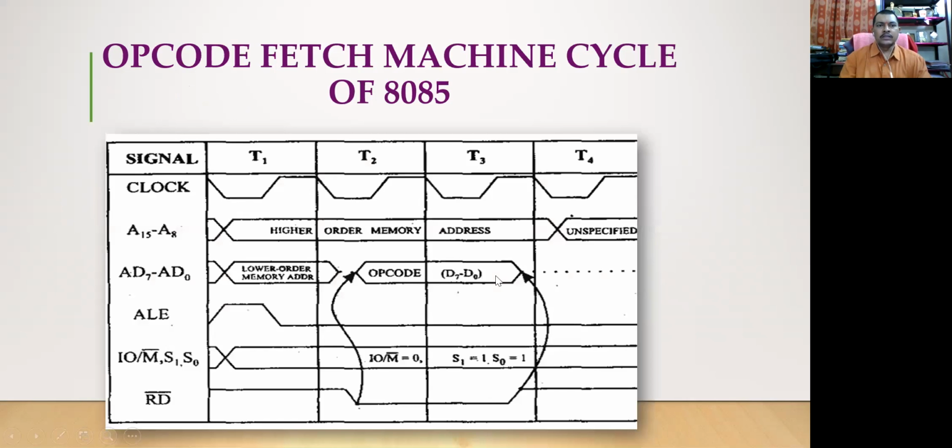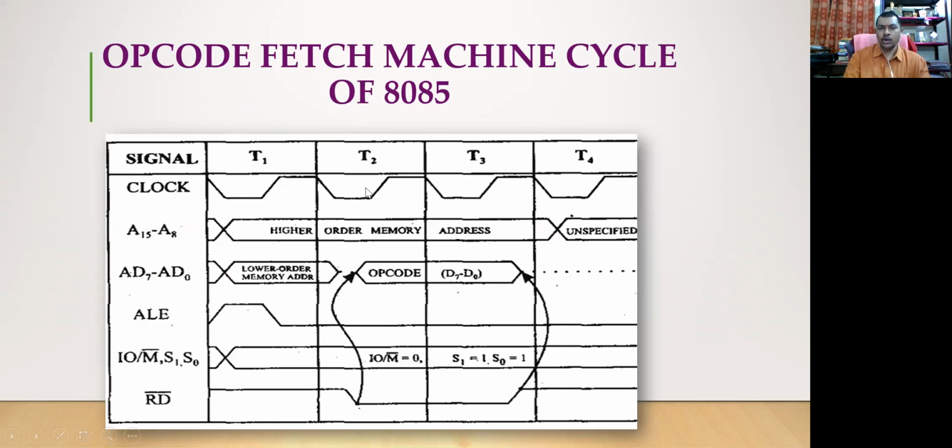So that is there. Then the opcode fetch phase. Now this is the real diagram where we are able to understand what actually is happening when we say that we are going to fetch an opcode from the memory location, and what the actual happenings are over there. So these are shown by these T1, T2, T3 and T4 states.